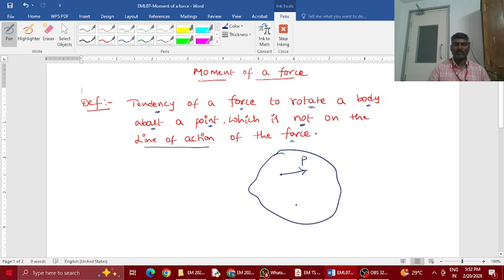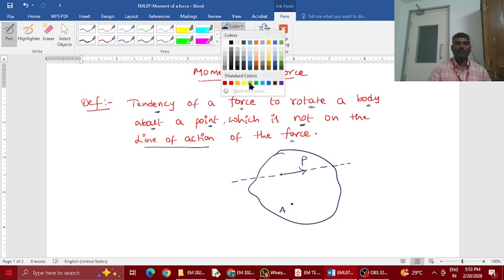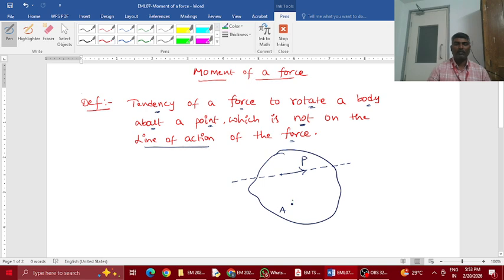Okay, say let us say I have chosen this point, some point A. Okay, so now you see this is the line of action of the force. Okay, right? So now you do one thing, you just draw an imaginary line perpendicular to the line of action of the force, this perpendicular, okay, which passes through A, right?